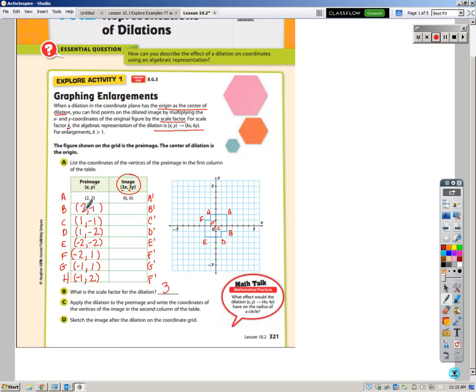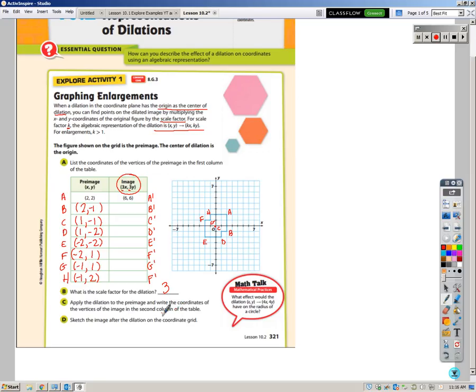Okay, because I'm taking my original, I'm multiplying it by 3, I'm making it 3 times as big, so it's an enlargement. And that's how I get my coordinates for my image, for my dilation. So I'm going to take each of these coordinates, multiply them by 3, and that should give me the coordinates for my dilation. And that's actually what it asked me to do here in C, is apply the dilation to the preimage and write the coordinates of the vertices of the image in the second column.